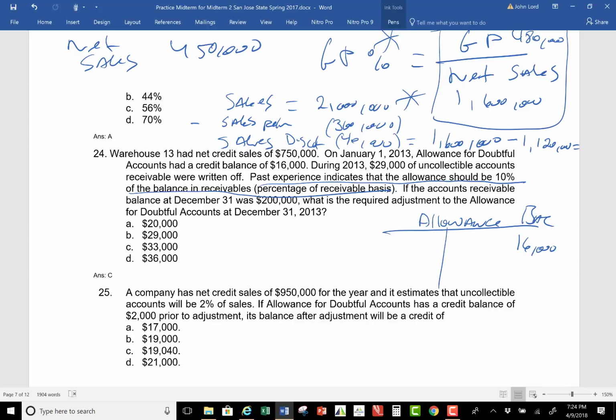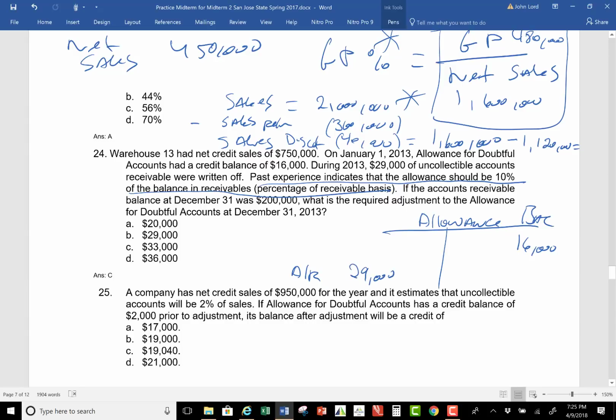Journal entry to write off a receivable. Good. Credit the account receivable for 29,000 because I'm getting rid of that receivable.